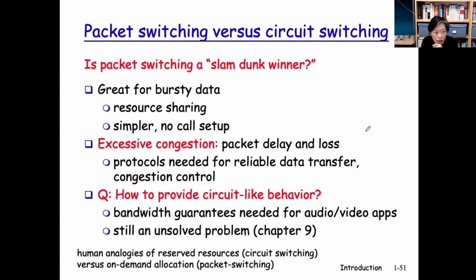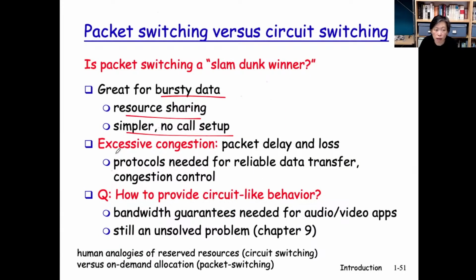Do you think packet switching is the slam dunk winner? Is the data network, the internet's way, always going to win? Probably not always, isn't it? It's great for short bursty data, right? Short amount of time, but sending lots of data, because it promotes maximum resource sharing, and it's quite simple, no call setup either.